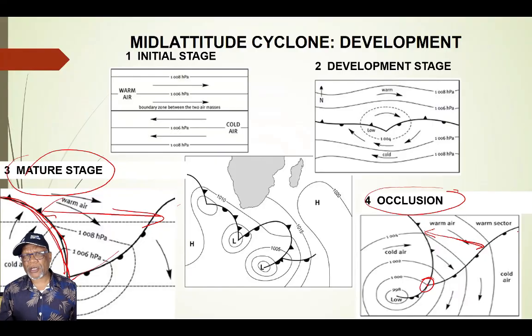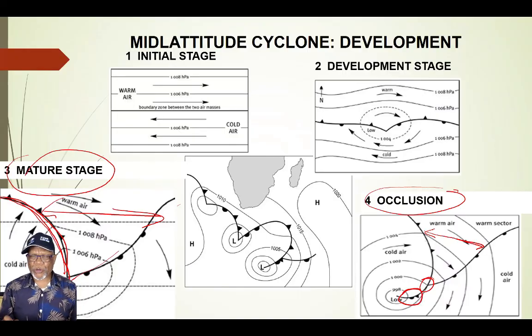Because of the gentle gradient of the warm front. And that is why the cold front catches up with the warm front. And then we're going to have this stage whereby we have the two fronts that are together, because the front that is faster managed to catch up with the warm front.